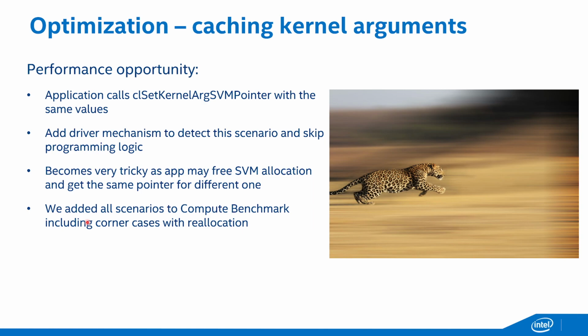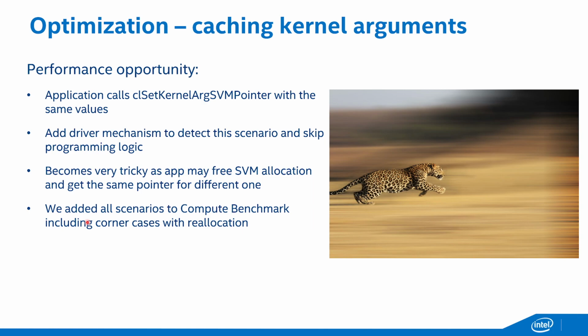And with compute benchmarks, it was very easy because we added all those corner-case scenarios to the compute benchmarks. So this created an environment in which we have the client scenario in compute benchmarks, which we care about and need to optimize. We have a corner-case scenario in which we still need to reprogram the state. And with those two scenarios, we were able to create a driver implementation that covers both and still optimizes the client workload.